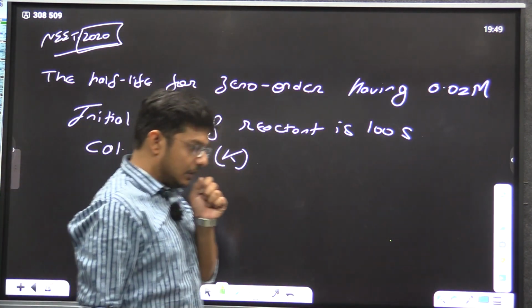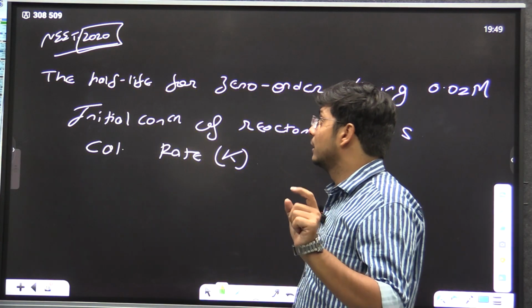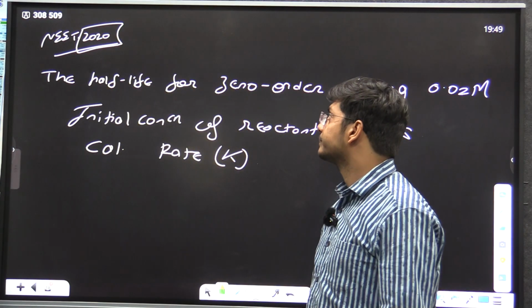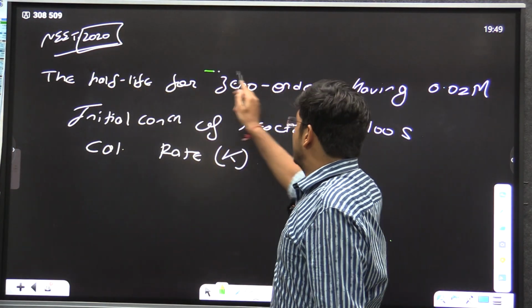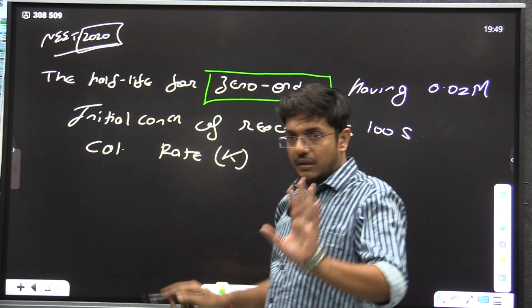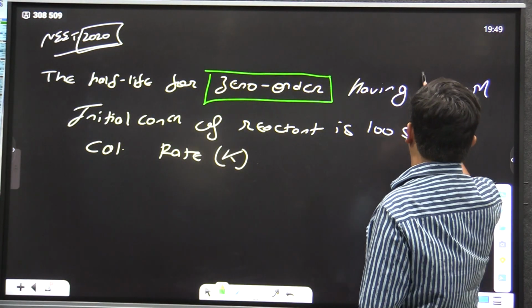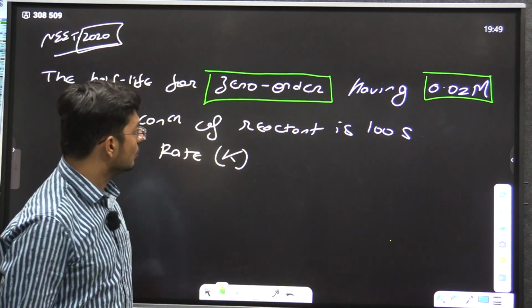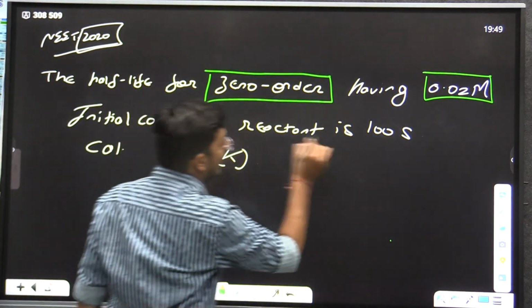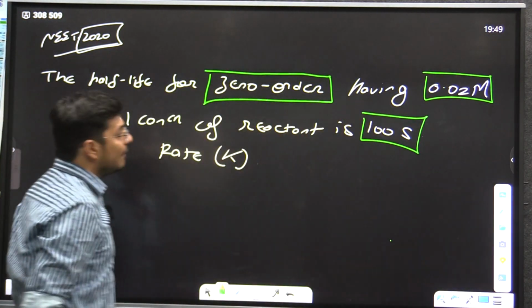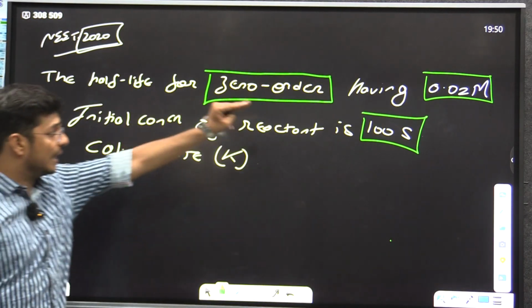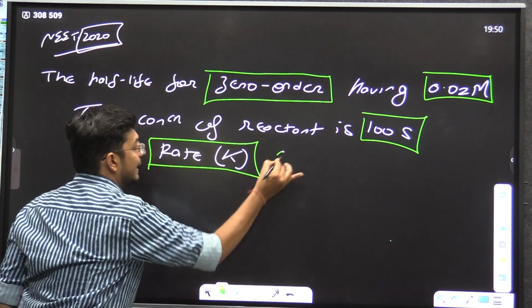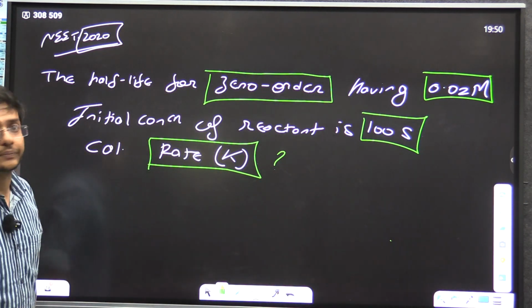First of all, while solving the question, what are the important data that we need to remember to solve the question? As per the given data, the reaction is zero order, having the initial concentration of 0.02 molarity with the half-life of 100 seconds. These 3 points are given to us, and the question says calculate the rate constant.